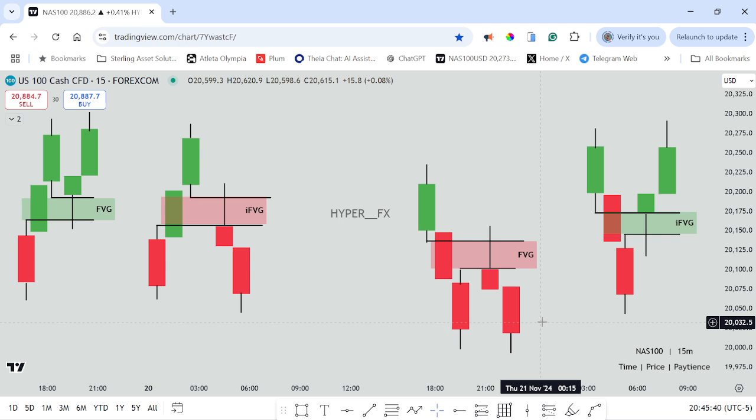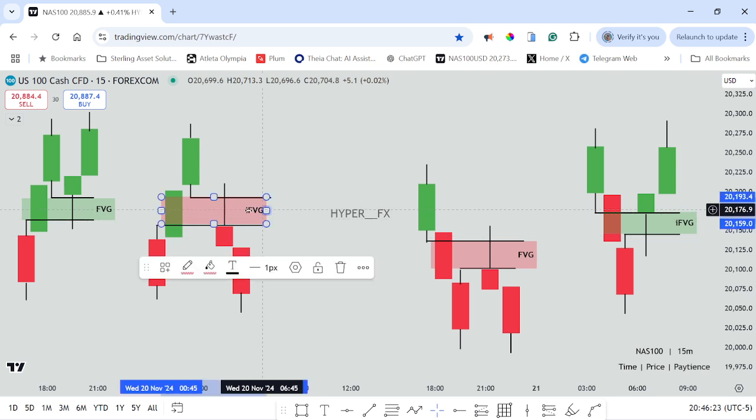Okay, and one important thing about inversion fair value gaps is that once price closes below a fair value gap, it becomes an inversion fair value gap. So in a bullish scenario like this one, if price fails to continue going up, like in this case where price closed below a fair value gap, it is now an official inversion fair value gap, and price will use this level as a resistance to continue to send prices down.